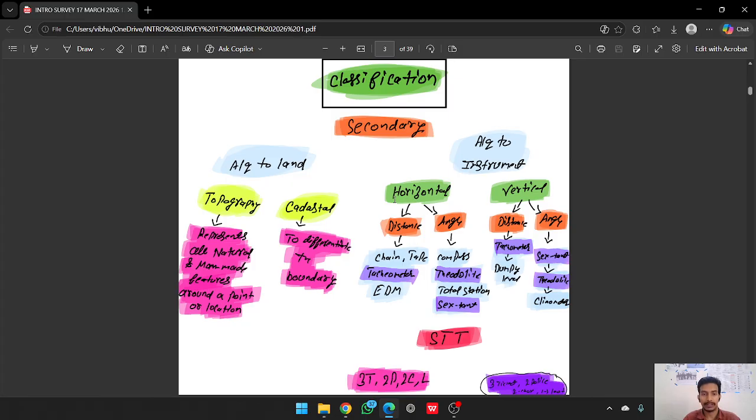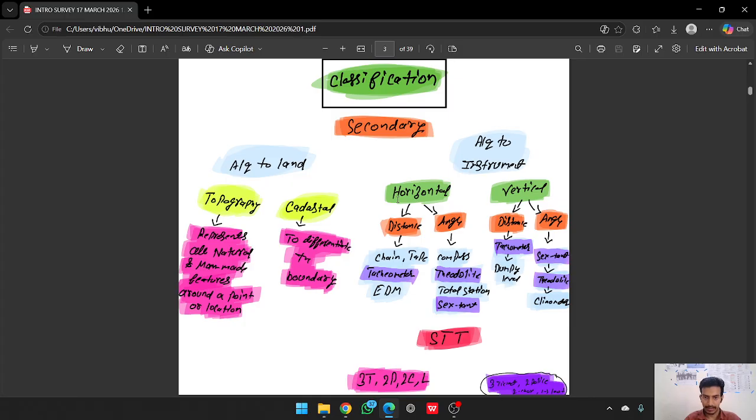Cadastral means differentiating the boundary, like the boundary of your plot, or the boundary of a nation, between two states or between countries. That is known as cadastral. And the second classification is according to instrument, horizontal and vertical.